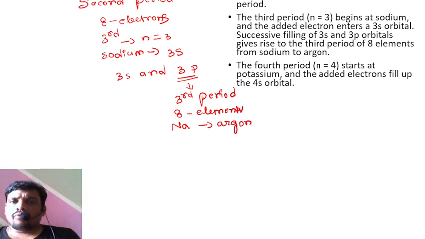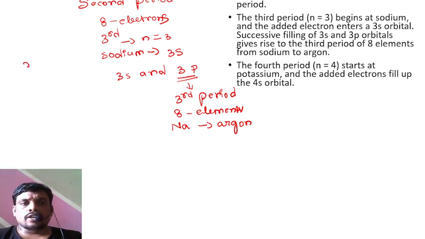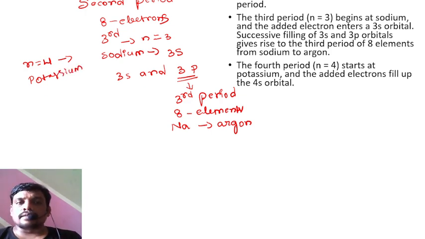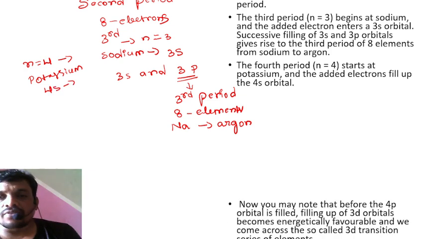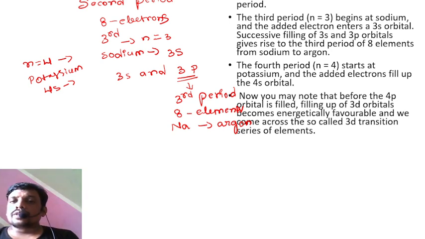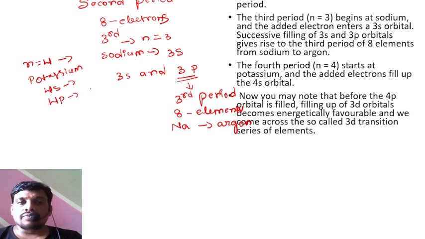Now the fourth period, n equal to 4, starts at potassium, and the added electrons fill the 4s orbital here. Now after the 4s orbital is filled, you may notice something before the 4p orbital is filled.